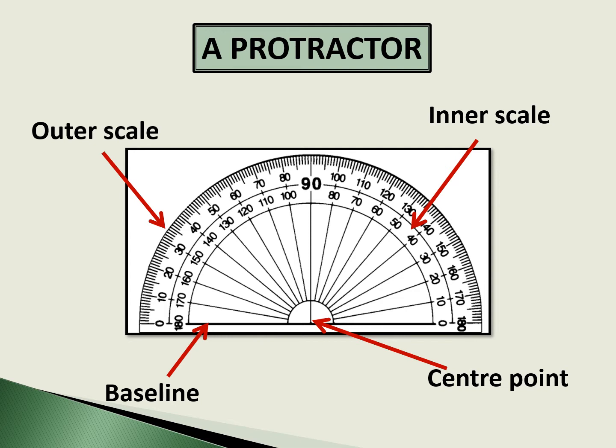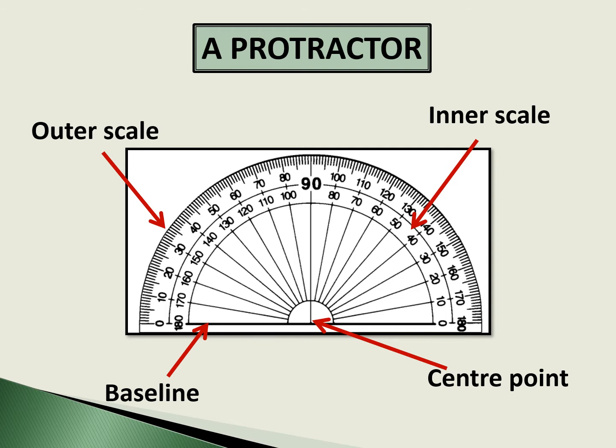A protractor. We use a protractor to measure angles. If you look at a protractor carefully, you will see that there are two sets of measurements written on it. These are called scales.